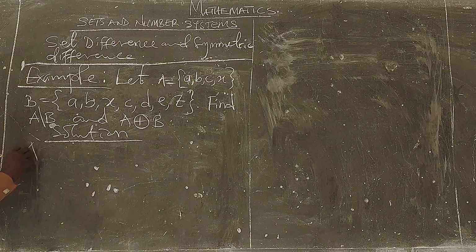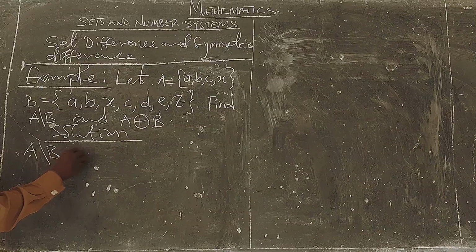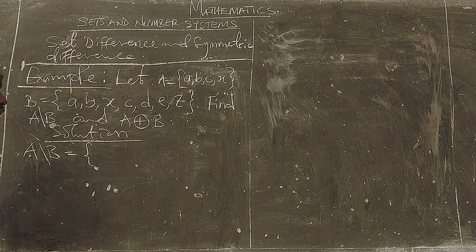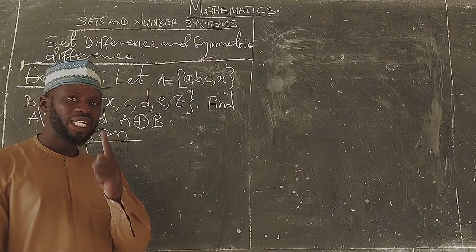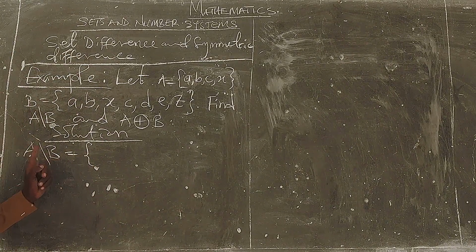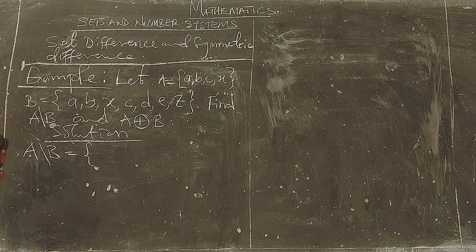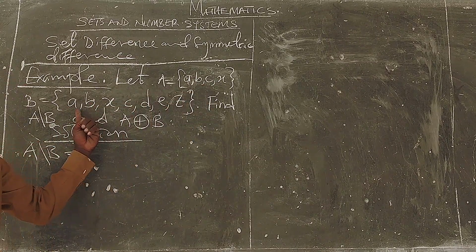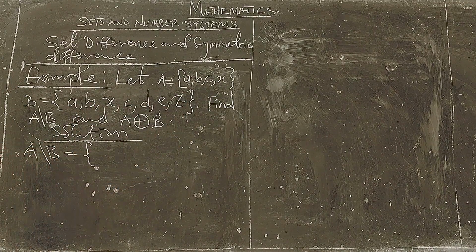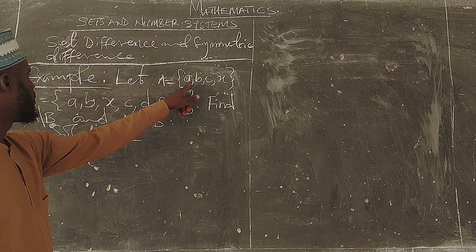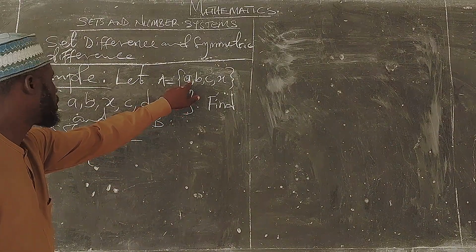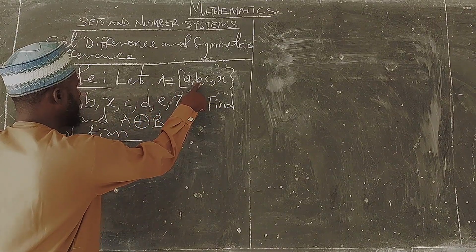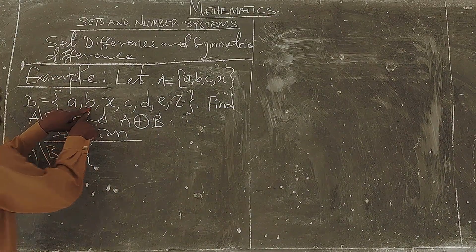So we start with A set minus B. We know the definition of the set difference or the relative difference of A and B. So we just collect the elements of A and then remove the elements of B. What are the elements of A? Small a is here, so we will not write it. Small b is here, we will not write it.